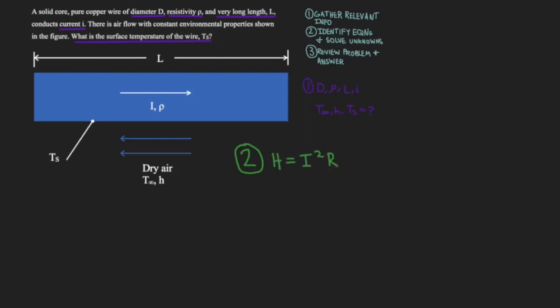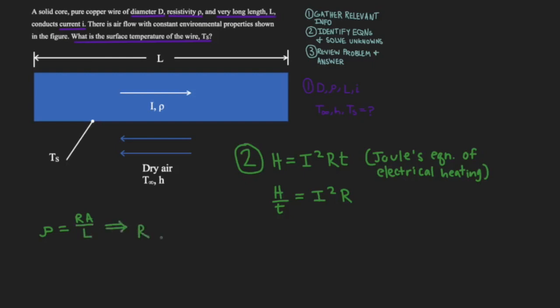First off, we know that there's internal energy generated from our copper wire and the current running through it. If you look up energy from current equations, you're going to find that your heating per time is equal to current squared times resistance.